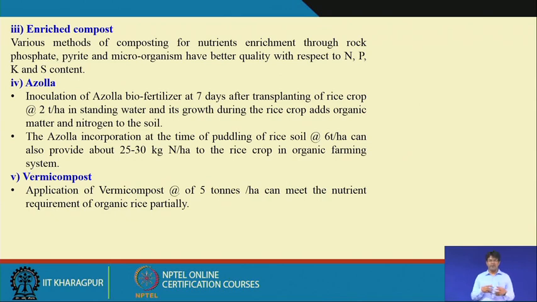But with organic nutrients, there is slow release, decomposition and slow mineralization, and the nutrients released meet synchrony with the crop demand, and loss is less as compared to chemical fertilizers.